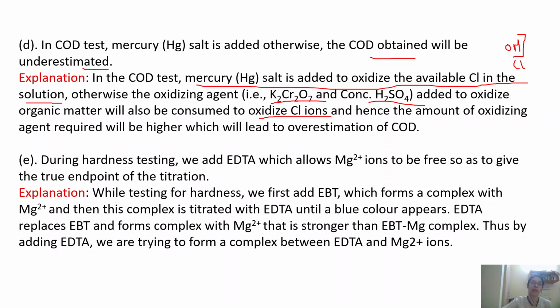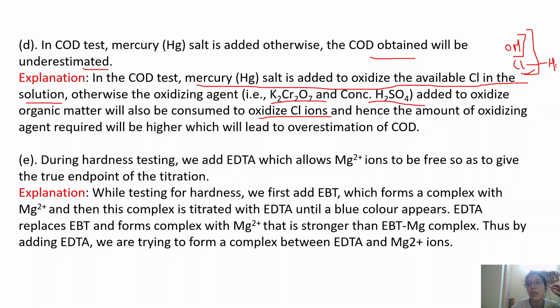So what will happen if we add K2Cr2O7 and H2SO4? This will oxidize both the things, right? So we will think everything is organic matter, but no, chlorine is not organic matter. To oxidize that, we add Hg.